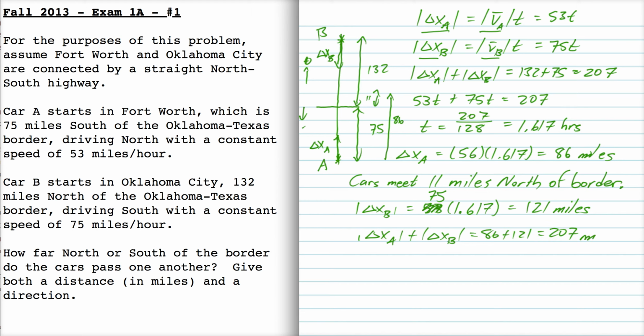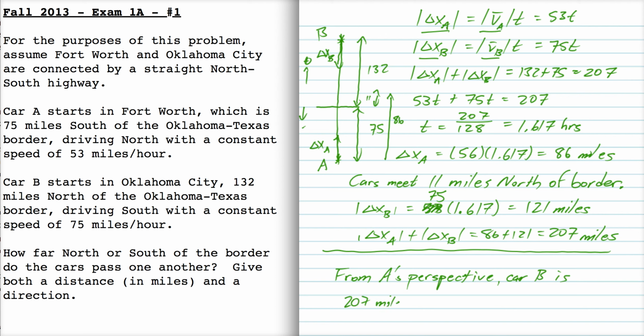Now, another way to do this would be to put yourself in A's shoes and consider yourself as traveling with A. So from car A's perspective, you can say that car B is 207 miles away, and it is moving with a relative speed.